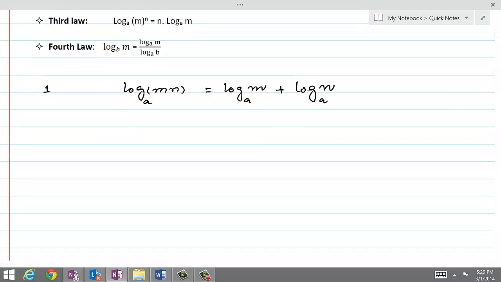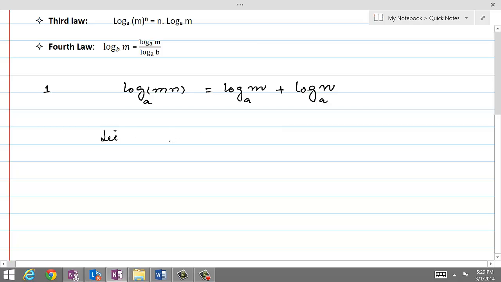Let us assume that log of m base a is equal to x, and log of n base a is equal to y.